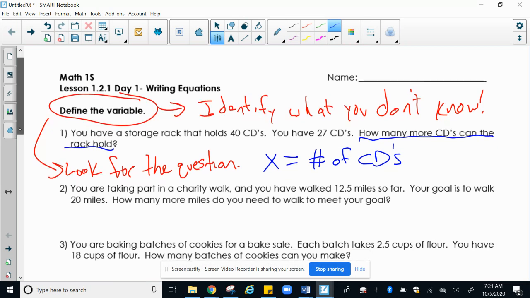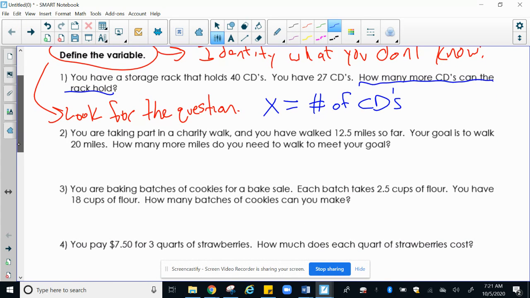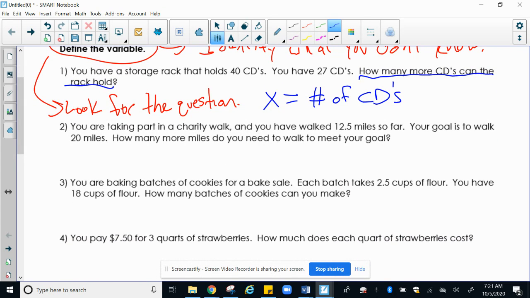So we're starting by just reading through word problems and identifying our variable, practicing writing it out. Number 2 says you are taking part in a charity walk and you've walked 12.5 miles so far. Your goal is to walk 20 miles. How many more miles do you need to walk to meet your goal? Again, we read through the problem, and we identify our variable from looking at the question itself.